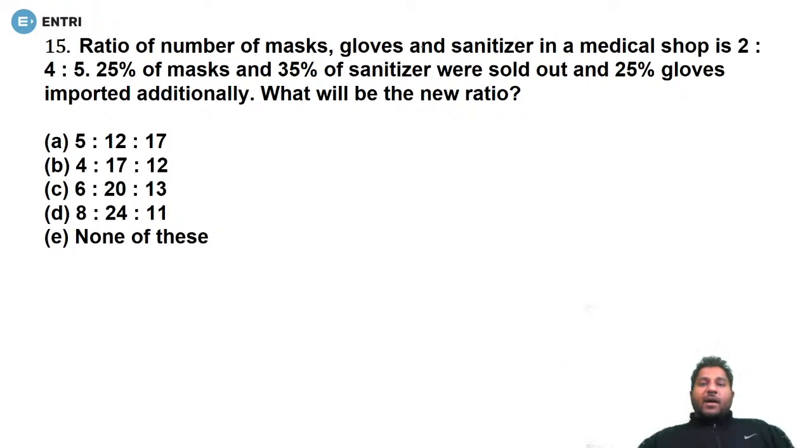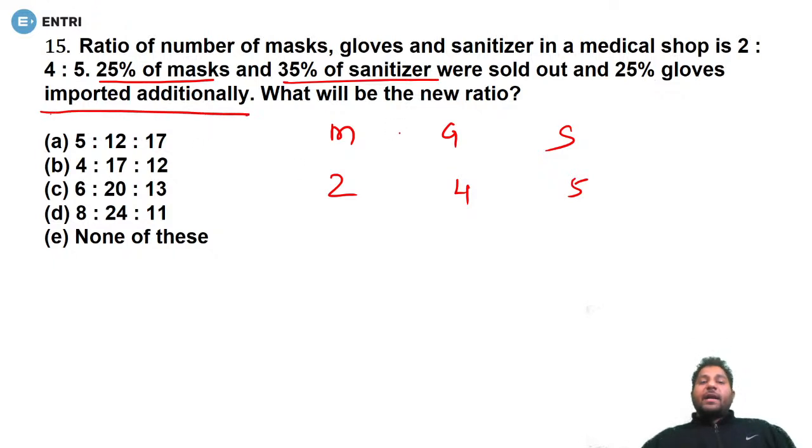The ratio of the number of masks, gloves, and sanitizers in a medical shop is given. If 25% of masks and 35% of sanitizers were sold out and 25% gloves were imported additionally.